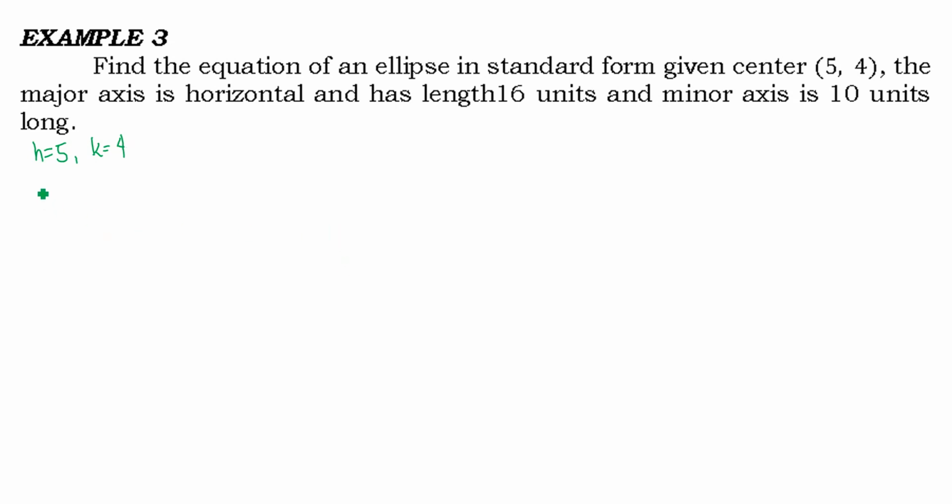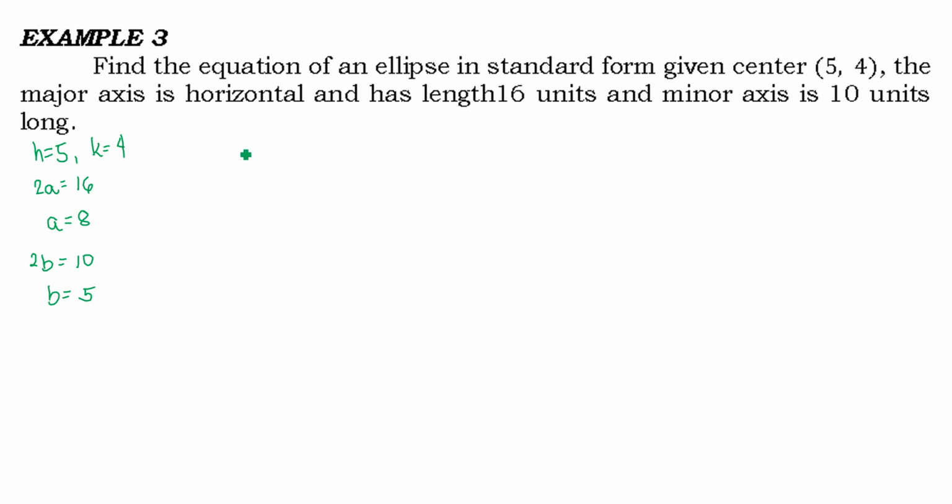Okay, 2a is equal to 16. Therefore, our a would be 8. Then 2b is equal to 10. In other words, the b is equal to 5. So we can now substitute to our equation.